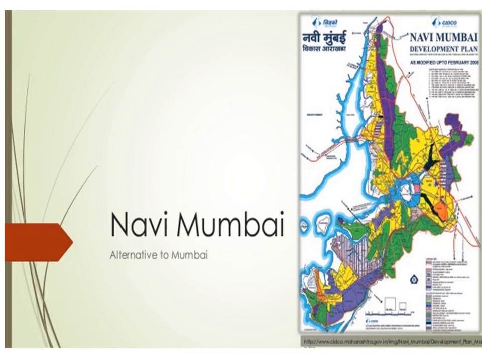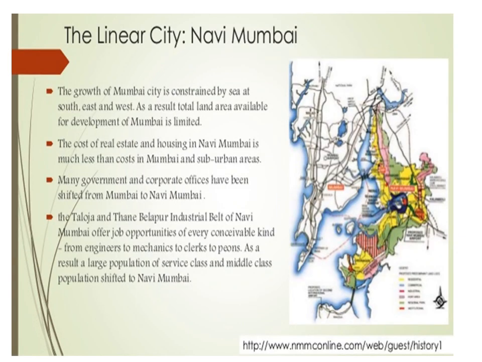This slide shows the layout of Navi Mumbai, that is a linear city. The growth of Mumbai city is constrained by sea at south, east and west. As a result, the total land available for development of Mumbai is limited. The cost of real estate and housing in Navi Mumbai is much less than the cost in Mumbai and suburban areas.